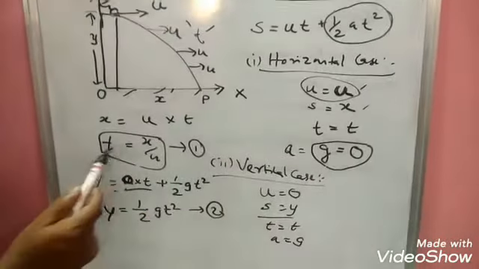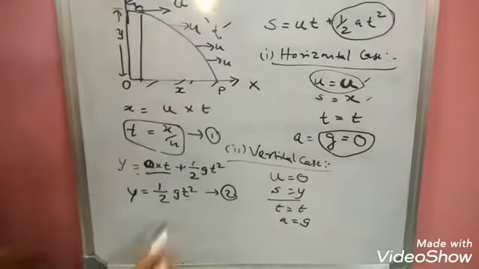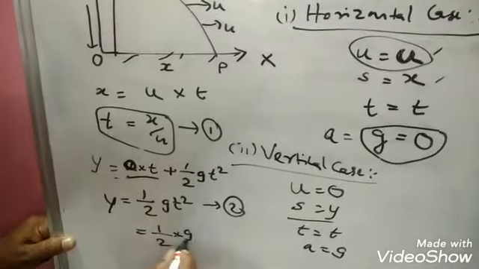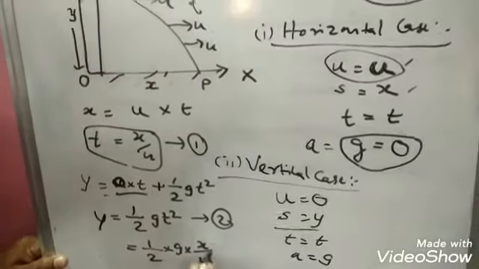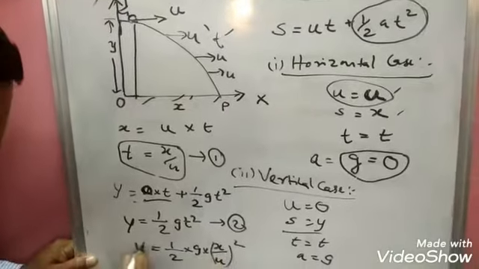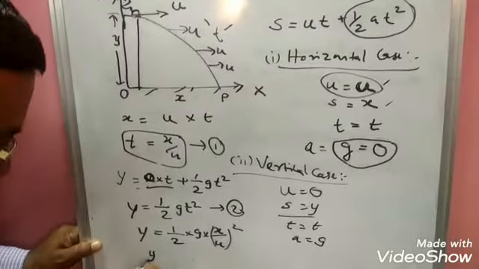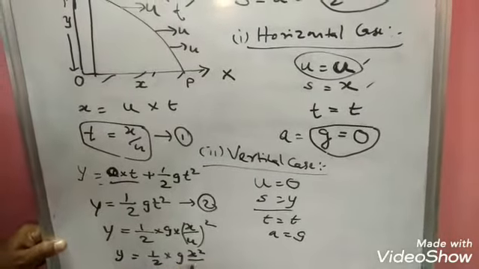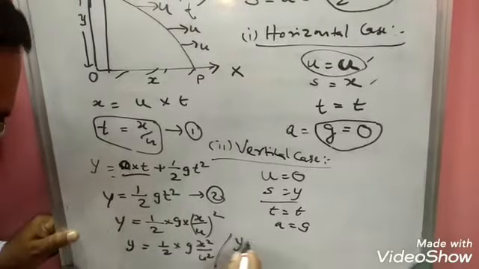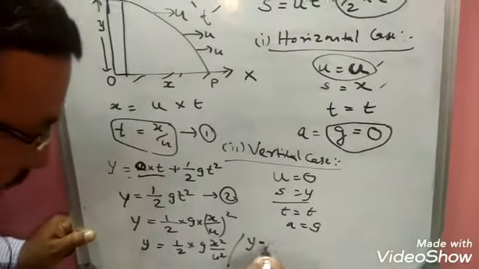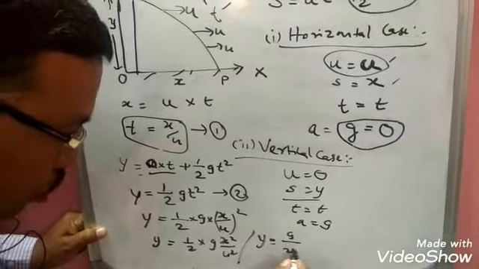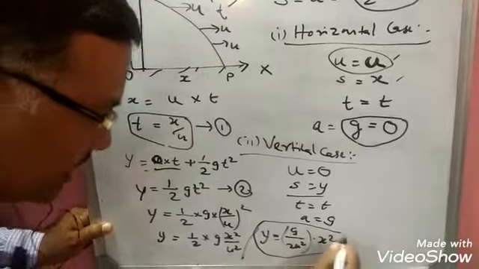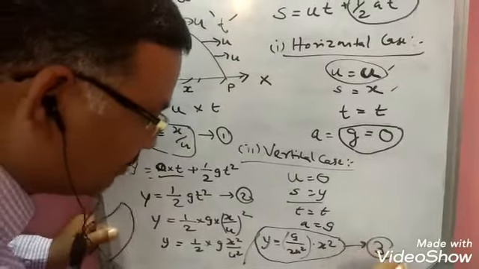So already we know t is equal to x by u from equation 1. So substituting the value of t into half g t square, we get half into g into x by u whole square. So y is equal to half into g x square by u square. So in the next step, y is equal to, just take g by 2u square, then you write kx square. See, listen here. This is equation number 3.